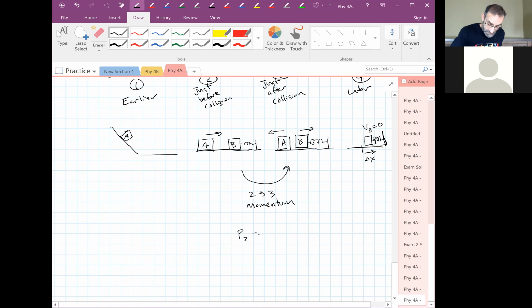I'm going to pick the right as my positive direction. This is the velocity of A at time 2, and this is the velocity of B at time 2, which I know is 0. This is the velocity of A at time 3, and the velocity of B at time 3. And this is the velocity of B at time 4. Okay?